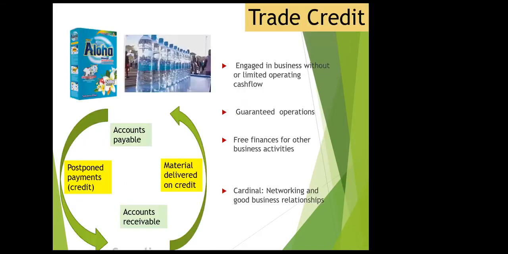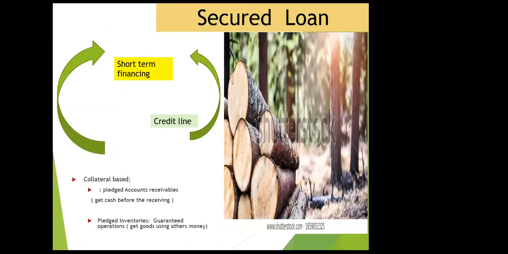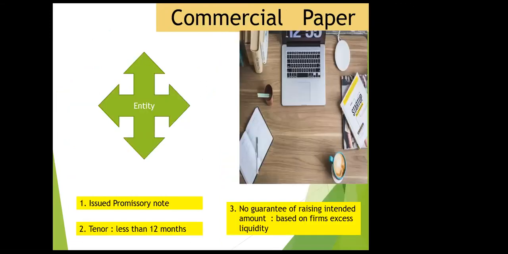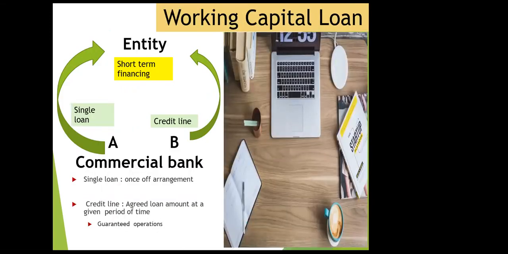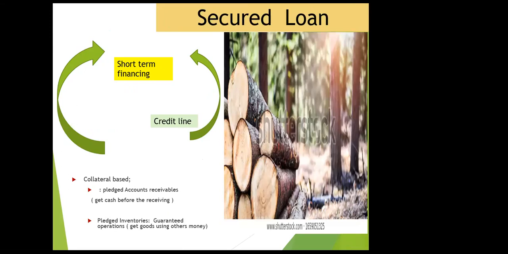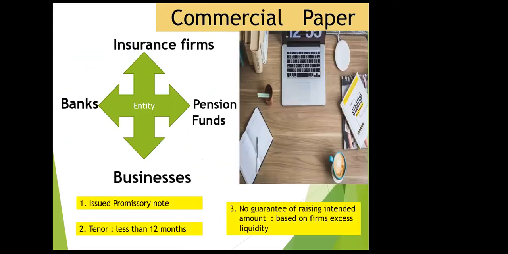Now, who are the main players in this market? Even when you decide to issue a commercial paper, you should know the players in this market. Usually in this market, the banks are also interested in buying promissory notes from companies.